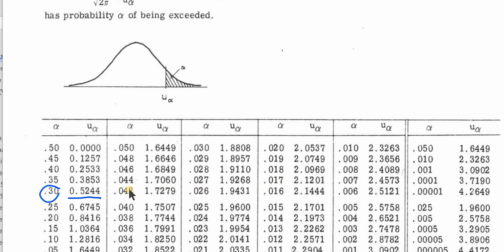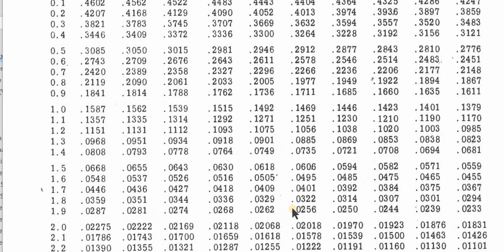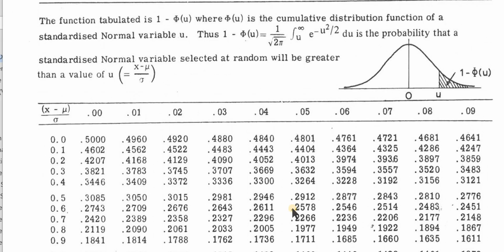So if we have the alpha or the probability and need to find the z value, we use Table 4. Compared with Table 3, where we have the z value and want to find the probability, which is inside here.